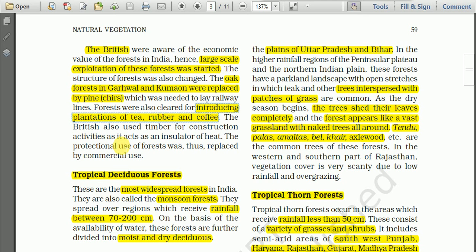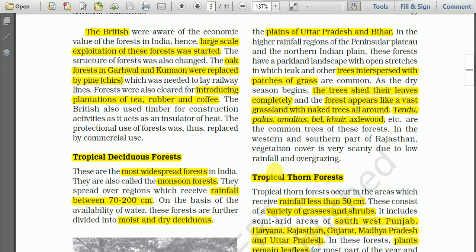The British also used timber for construction activities as it acts as an insulator of heat. The protectional use of forest was thus replaced by commercial use. So in this way, the British exploited forests in India. So this is about the tropical evergreen and semi-evergreen forests.